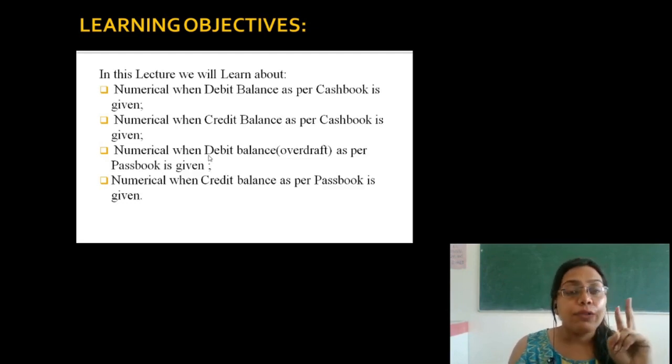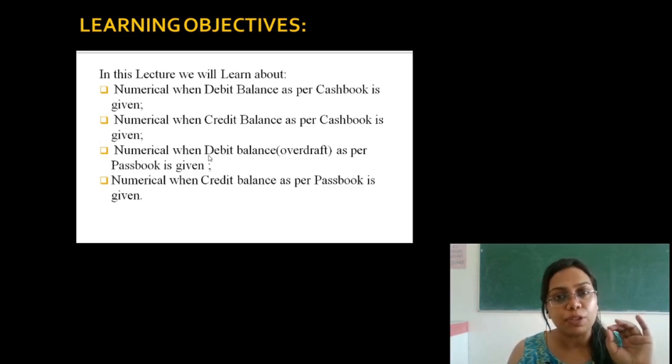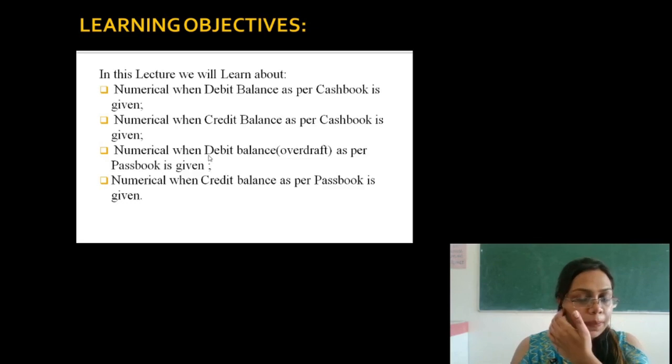So there are four conditions: two conditions are of cash book and two conditions are of passbook. The cash book conditions are debit balance as per cash book and credit balance as per cash book, and the second condition is debit balance as per passbook and credit balance as per passbook.